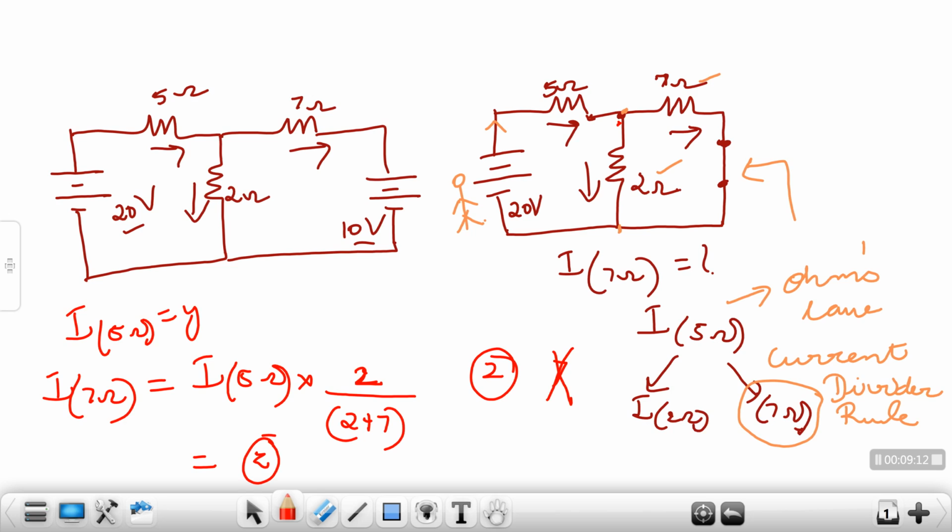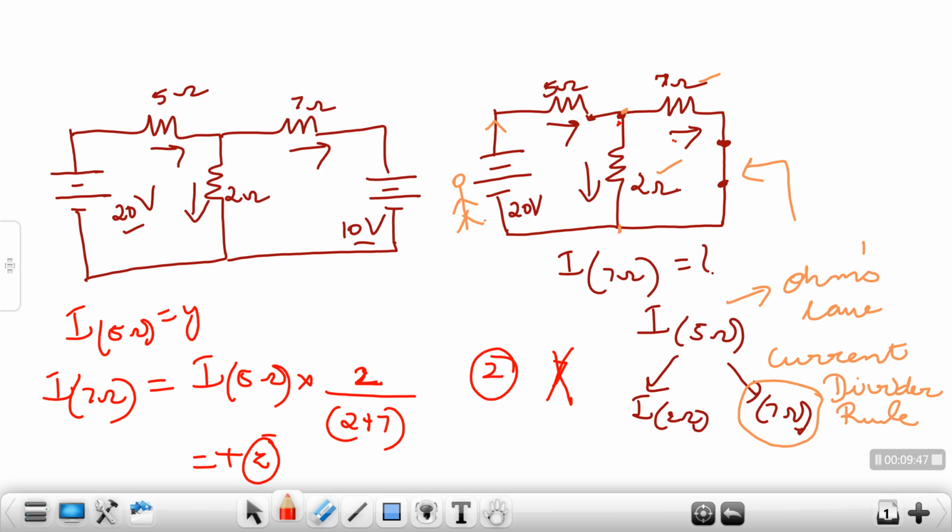How to get the sign is, compare this direction with the direction in your original circuit. So if you compare over here, both the directions are the same, fine. So this Z should be plus. If the directions are opposite, so this direction was not matching this direction, then this should have been minus Z. So this plus Z is actually the current in my 7 ohms resistor when only 20 volts is present in my circuit.